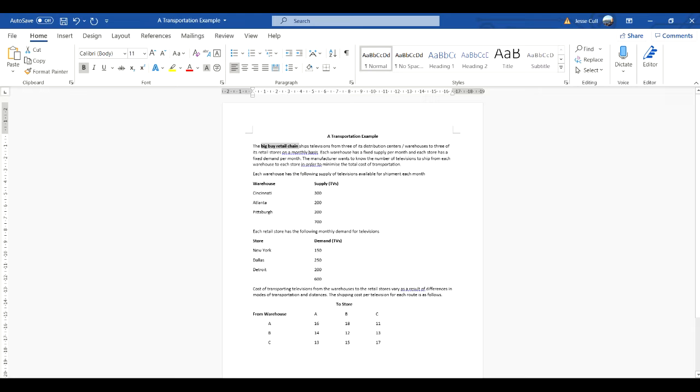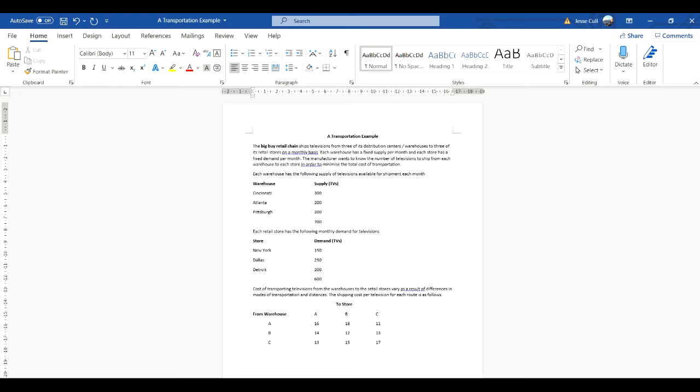Each warehouse has a fixed supply per month, and each store has a fixed demand per month. This is, in the real world, relatively uncommon. But because this is our first example with transportation, they've kept it relatively straightforward for simplicity's sake. In the real world, it would almost never be fixed supply and fixed demand, but for now, that'll do. Let's continue.